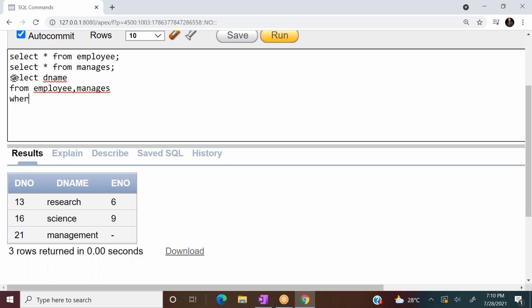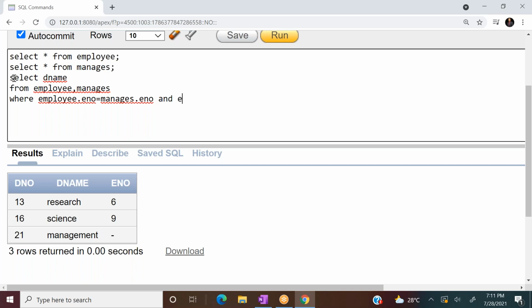We have to write a condition in where. It requires joining the two tables with respect to employee number. So we write employee dot e number equals managers dot e number. So we write the join condition, that the two tables are joined with respect to e number.